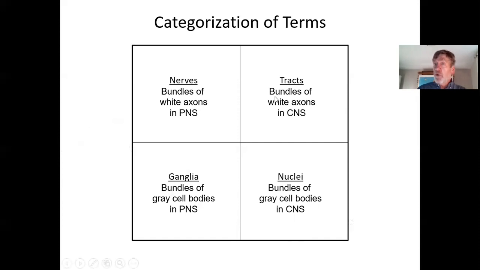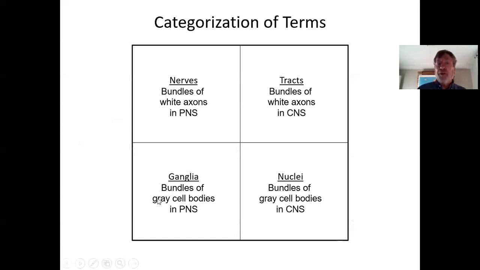In the central nervous system, the spinal cord and the brain, bundles of white axons are called tracts. So white matter in the central nervous system is the white myelinated axons called tracts. In the peripheral nervous system, the same thing is called nerves. Now let's look at gray matter.